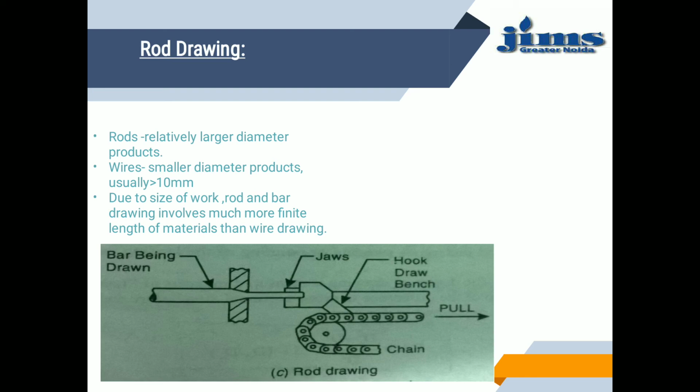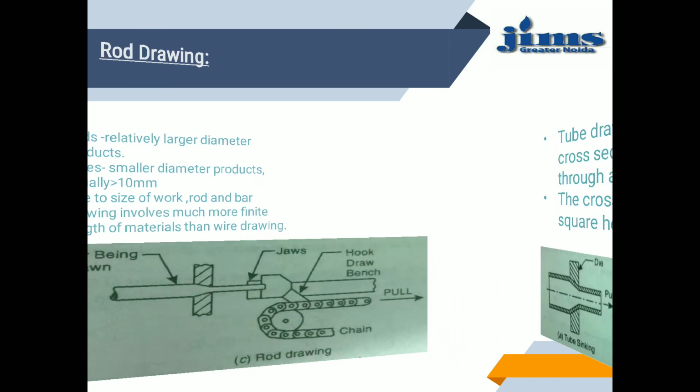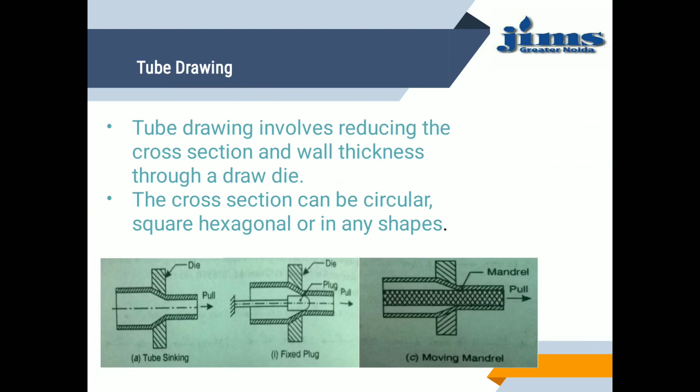Due to the size of the work, rod and bar drawing involves much more finite length of material than wire drawing. Various diagrams are shown in the next slides, which involve reducing the cross section and wall thickness through a draw die. The cross sections can be circular, square, hexagonal, or of any shape.